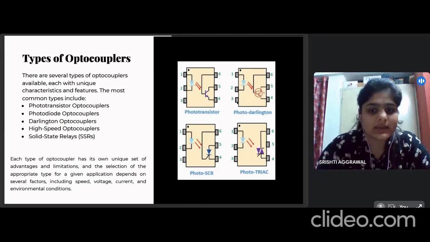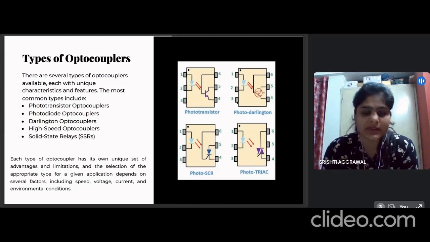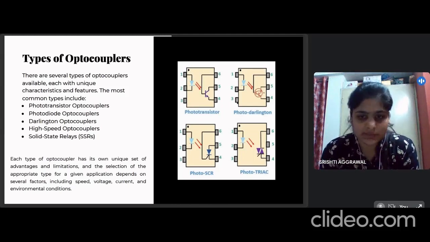The next is high speed optocouplers. These optocouplers are specifically designed for high speed applications such as fiber optic communication, digital audio equipment, and video system. They offer high bandwidth and low propagation delay and are available in both phototransistor and photodiode configuration.